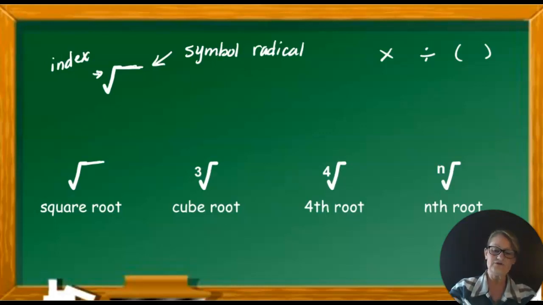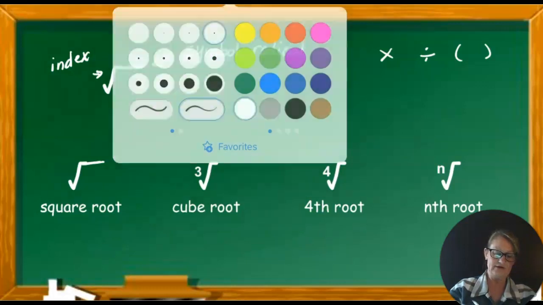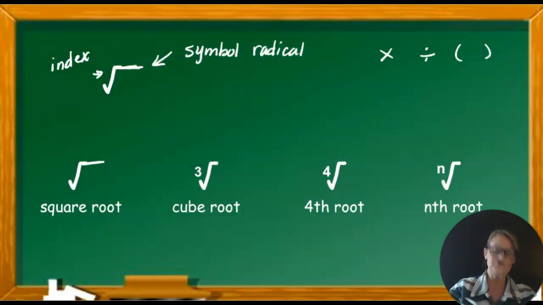If there's nothing written there, but there's a number underneath it, it is understood to be the square root. The square root is the only one that we don't write the index on. So if I ask what the symbol is, it is called the radical. But if I ask you what this is with maybe the number 16 under it, then that is the square root symbol. Be sure you know the difference between the two.